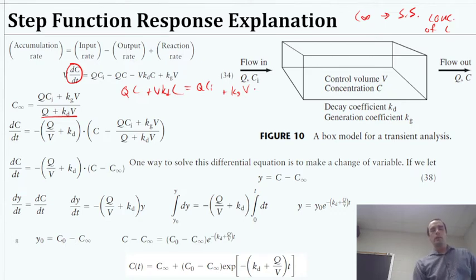Okay, so they just factored that out and said C times Q plus V K_D, and then they divide both sides by that. Okay, so that's how they got this value.